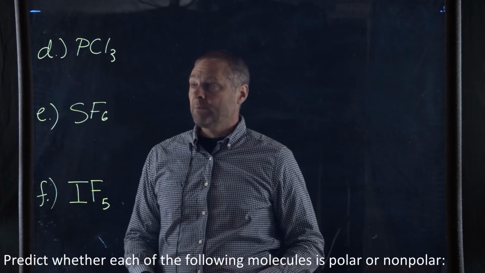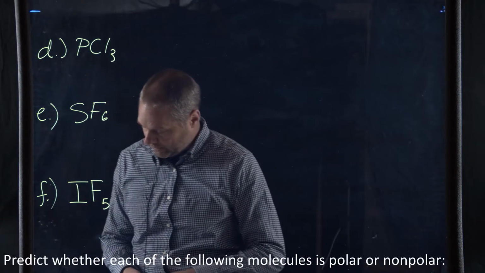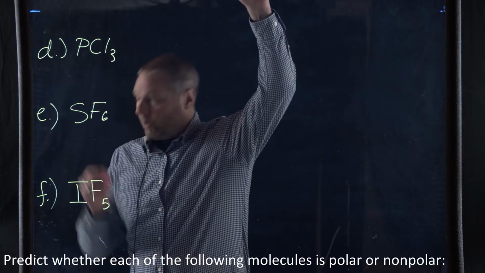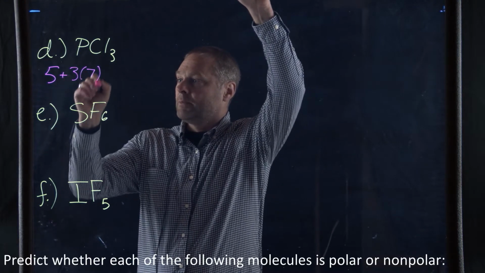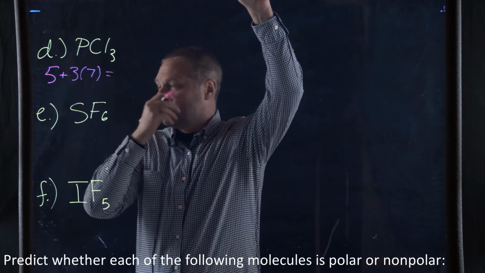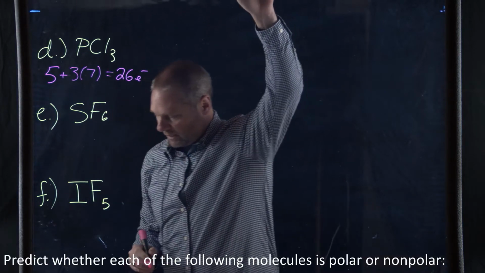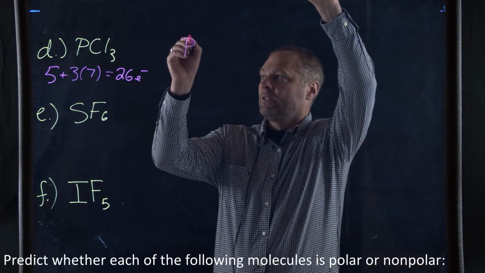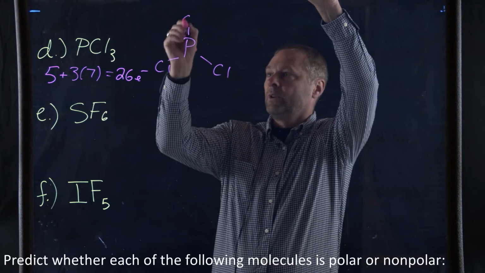We have a few more examples here. We're going to look at phosphorus trichloride. We're going to have 5 plus 3 times 7 valence electrons. This is going to give us 26 electrons. And if we draw this out, it's going to be phosphorus plus 3 chlorines.